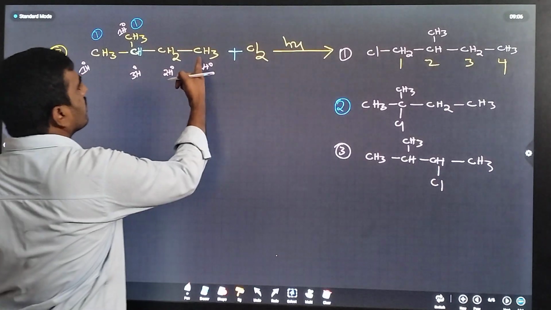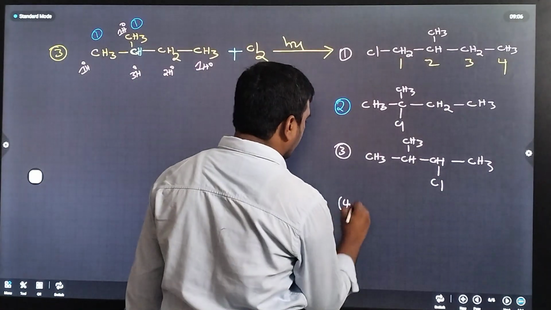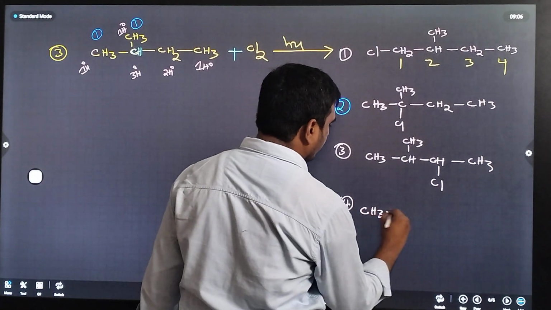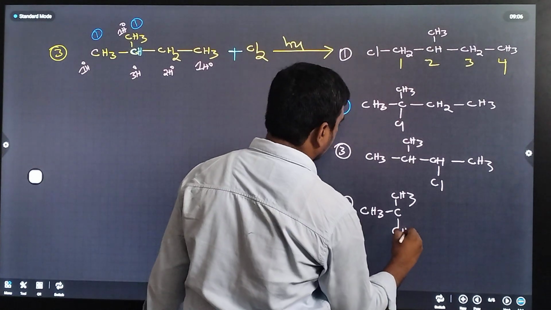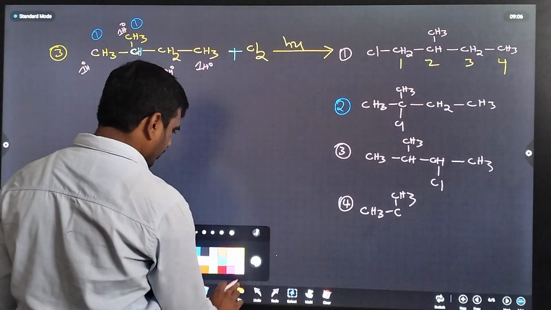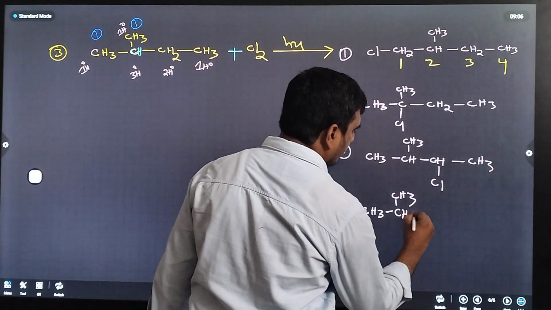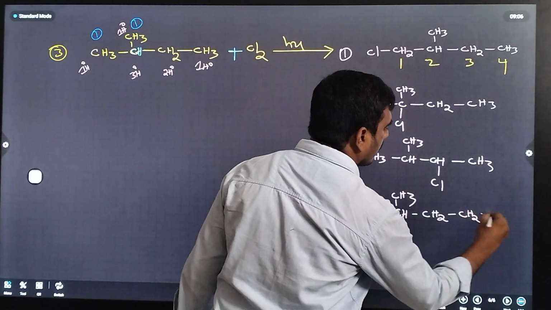So I can write this hydrogen replaced by the halogen atom. So we get another product CH3, H, Cl.